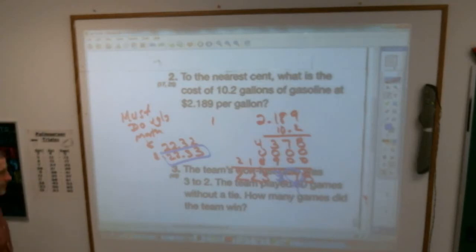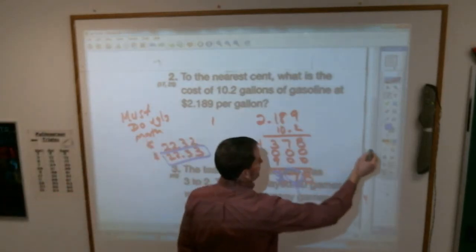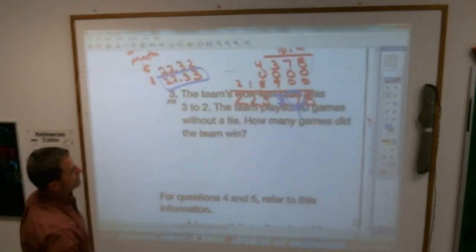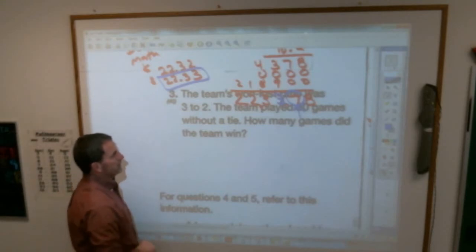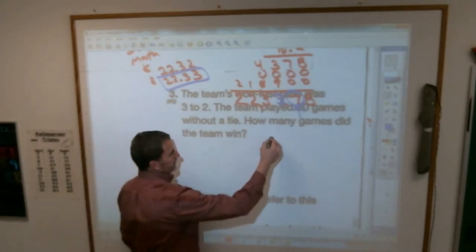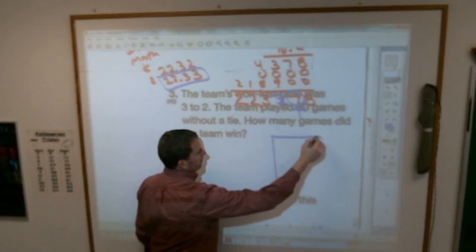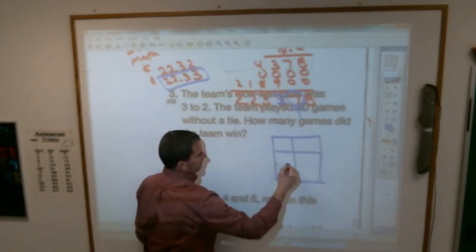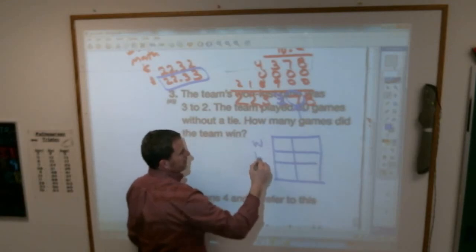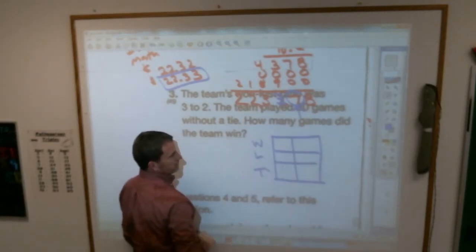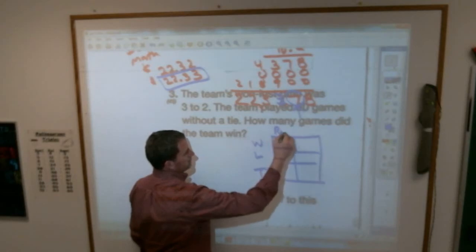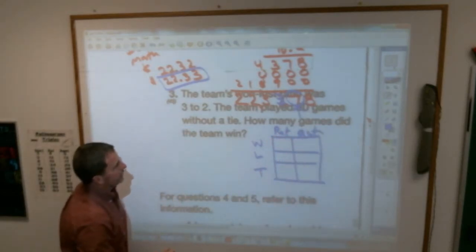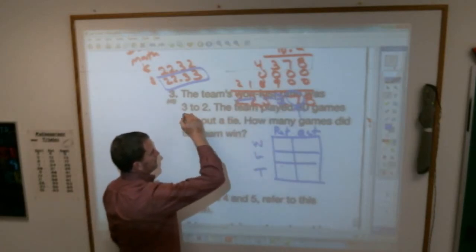We might as well do 3. I'm sure somebody got it wrong somewhere while I went in here. This is a win-loss total thing here. So when you do your ratio box, that's what you're comparing. Your wins to losses and total games. This is the ratio, and this is the actual. Win to loss, even though you can't see it, is 3 to 2.